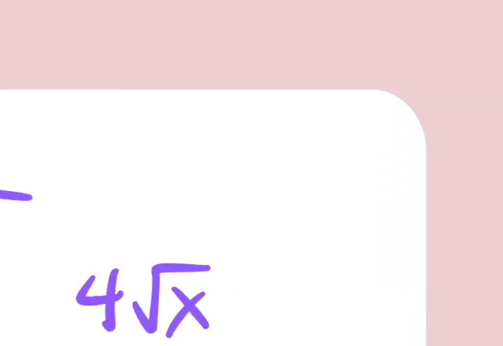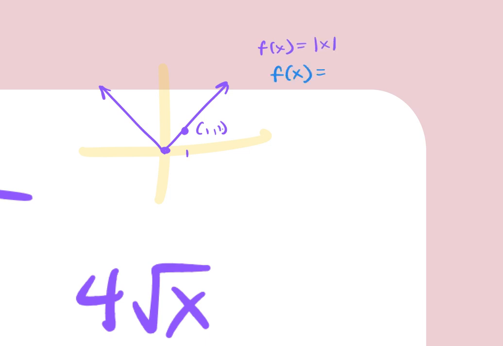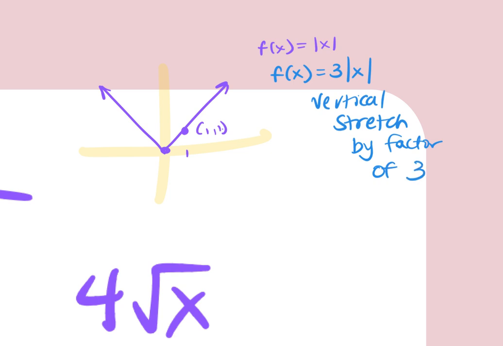So this means if I start with an absolute value, and I had a point that was 1, 1. This is my parent function. That coordinate point is 1, 1. And the purple we would have said is just absolute value of x. Now I want to do 3 times the absolute value of x. This is a vertical stretch by a factor of 3.